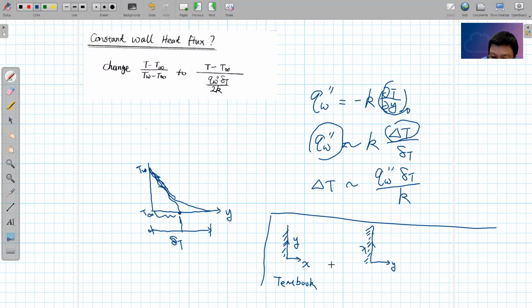So the lecture notes I show in here are different. The way I define the xy coordinate is actually the reverse of the way the textbook defines it. I prefer this way because I'm still using y direction as perpendicular to the wall, because later on we will also consider natural convection not only on this vertical flat plate.